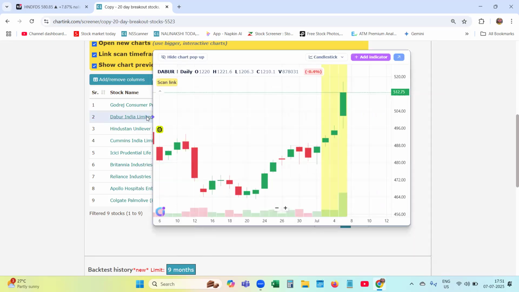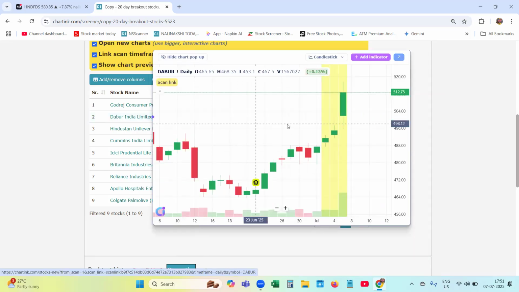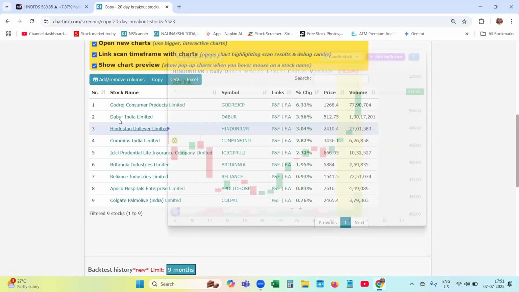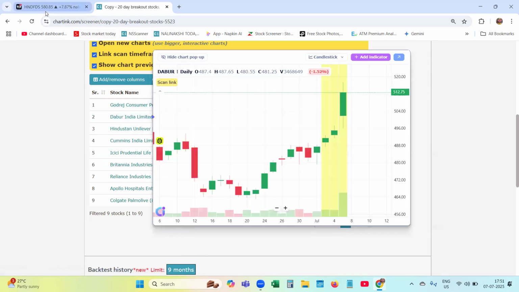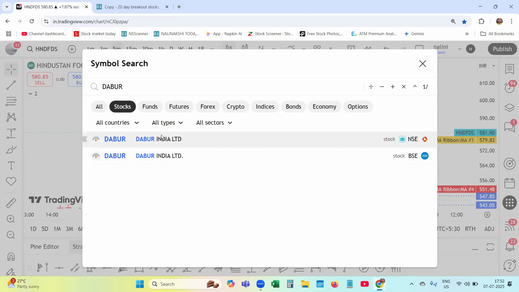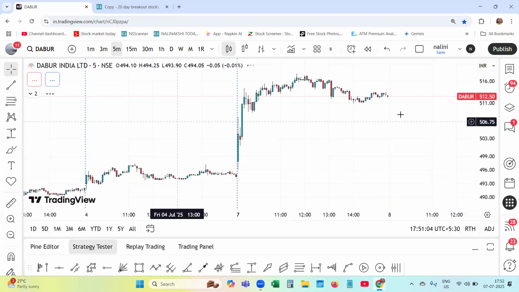Next, Dabur. If I placed it on this, it was perfect actually. Perfect, opening in the vicinity of the previous day level zone and moving higher. So let us check Dabur. I got it around 9:20 or something.